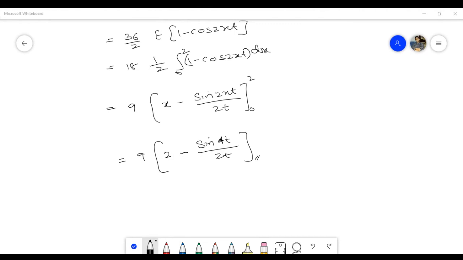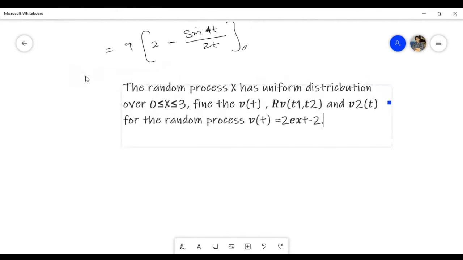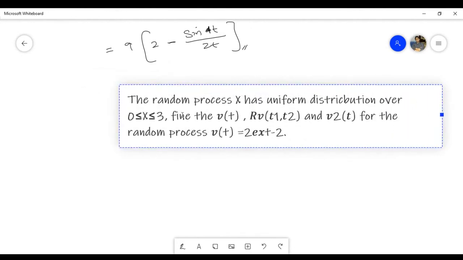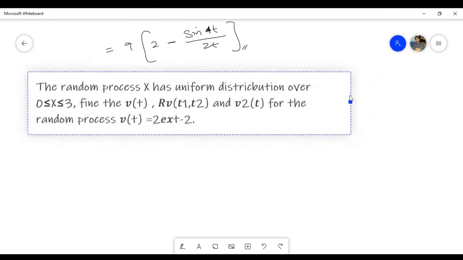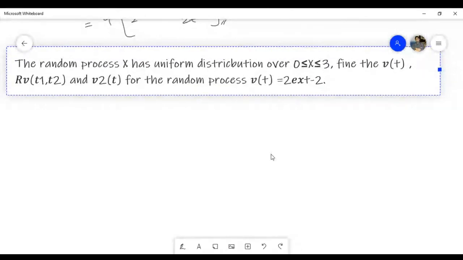So if the random variable x has a uniform distribution over 0 to 3, let us solve this. The random variable x has a uniform distribution over 0 to 3; find the mean, variance and autocorrelation function.